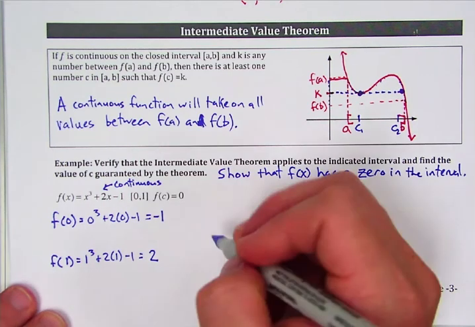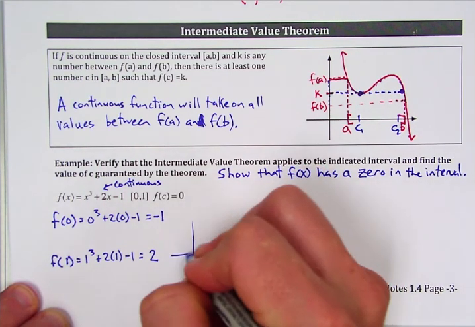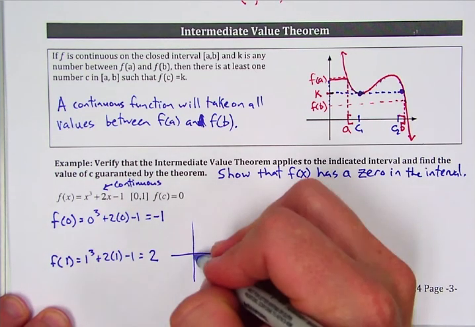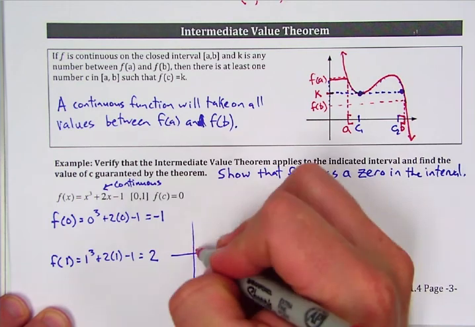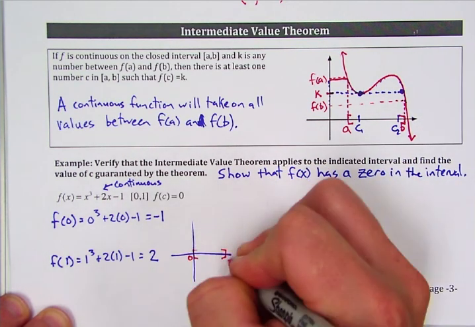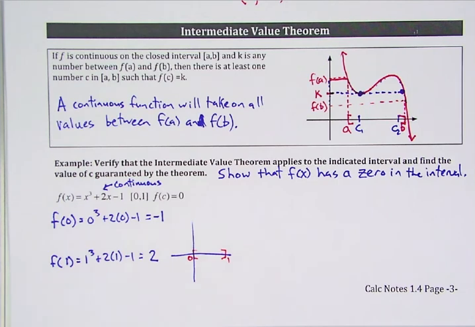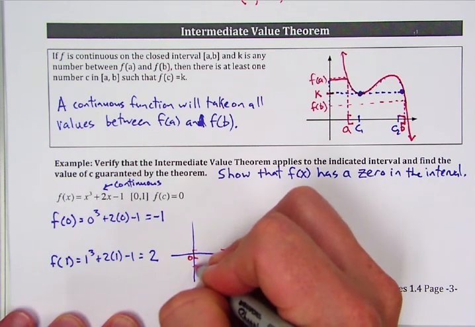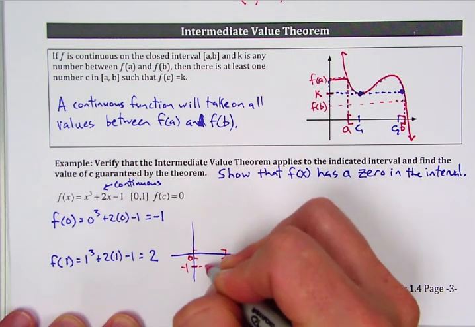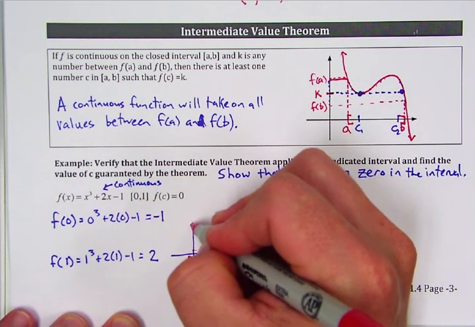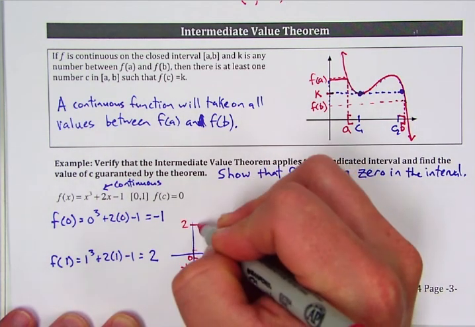So graphically, let's just kind of see what happens here. So here is our interval going from 0 to 1. And it's saying that this function is continuous, and it goes from negative 1 right here all the way up to 2 up here.